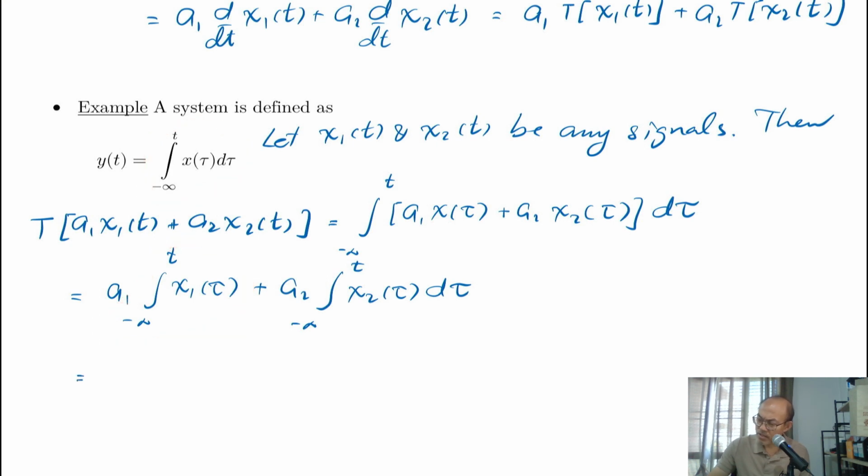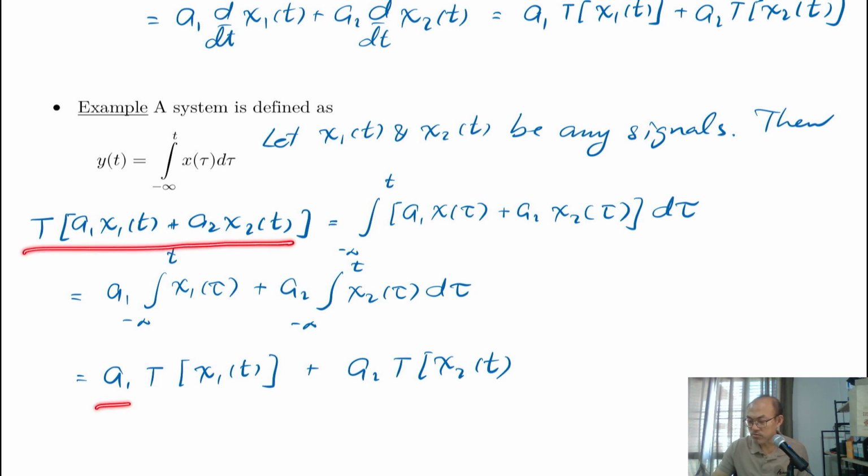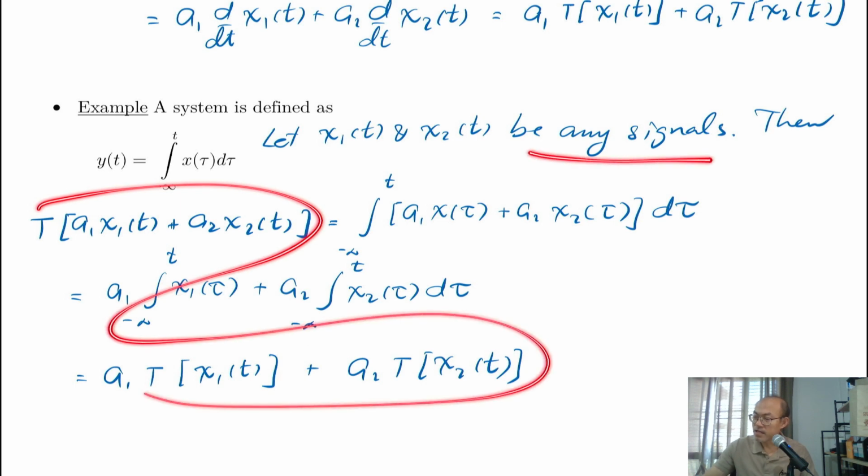So this is going to be a1 T of x1 of t plus a2 T of x2 of t. At this point we have shown that this is equal to the right side, according to our definition of linearity. Then the system is linear, because we have shown that this equation is true for any signal, right?